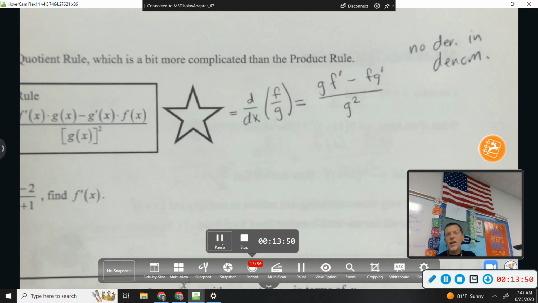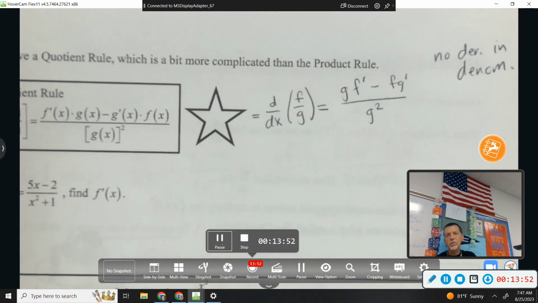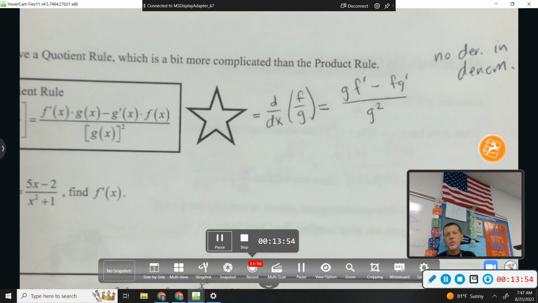And then this is how I remember the quotient rule. And the quotient rule is sort of like high school relationships. You're like, oh no, bad joke approaching quickly.